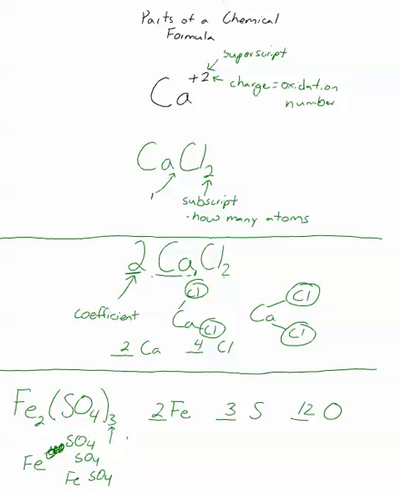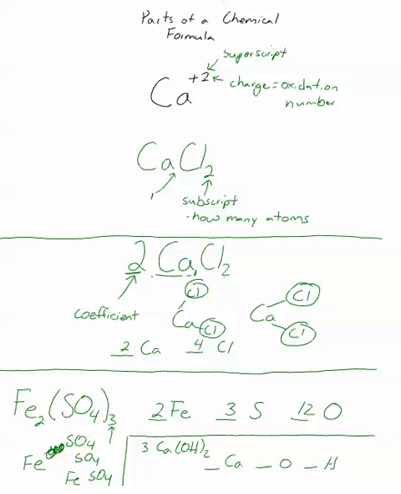Now, one of the last things that can be a little bit confusing, and I'll just show you that real quick, is if we have something that looks like this. So not only do I have numbers on the bottom, I also have parentheses, and I have a number in front. But let's go ahead and let's do this, okay? It's not quite as hard as it may seem at first.